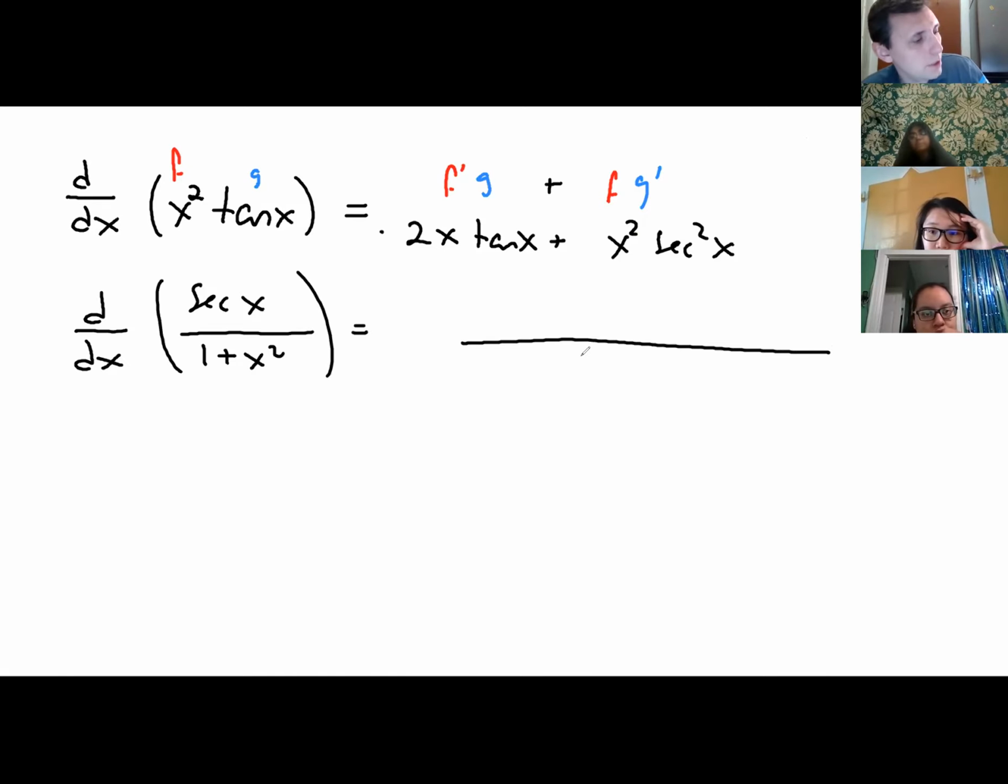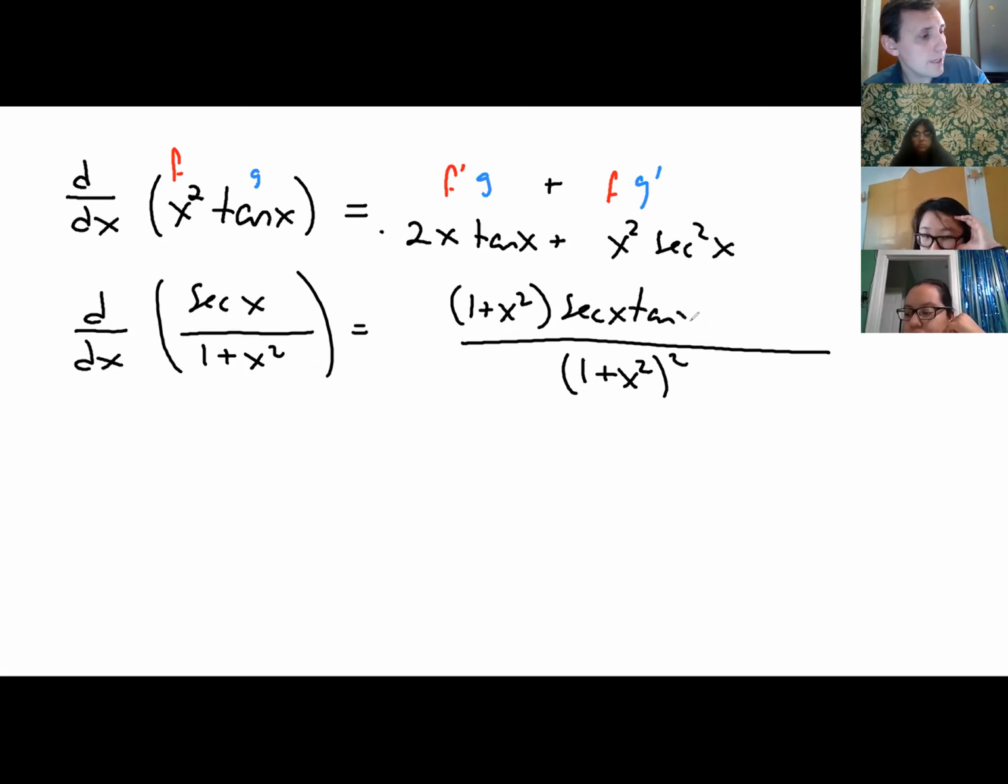I would have written 1 plus x squared, then 1 plus x squared. Make sure to put parentheses where they're necessary. Derivative of secant is secant x tangent x minus the derivative of the denominator, which is 2x, times secant x. That's it. We don't need to do anything with this function. Good?